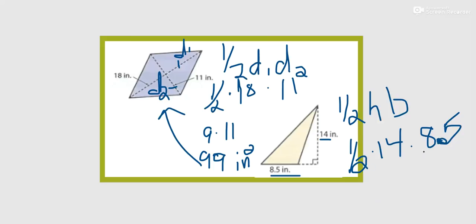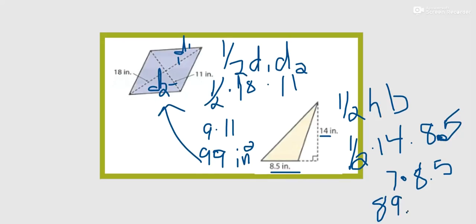I do our 1/2 of our 14, which would be 7. And then we can multiply that by our 8 5/10. So 7 times 8 5/10 is 59 5/10. And our label is inches squared. And that is it for triangles.